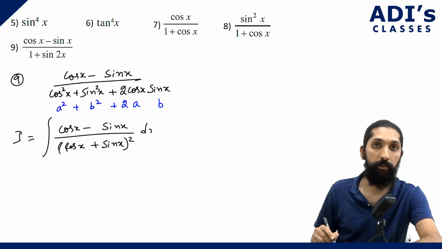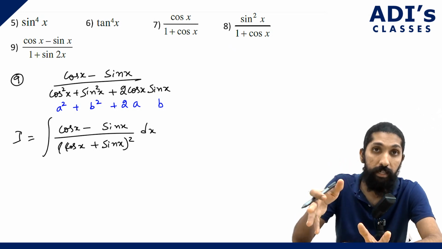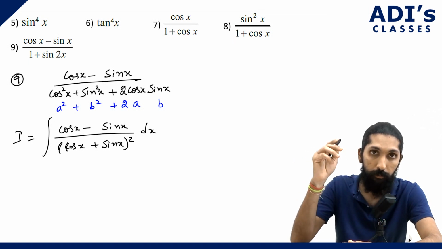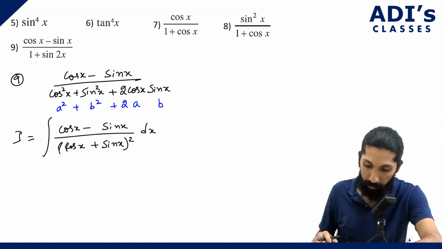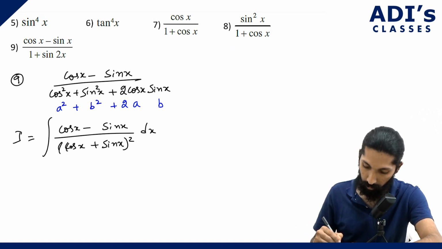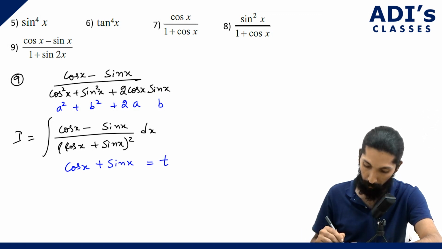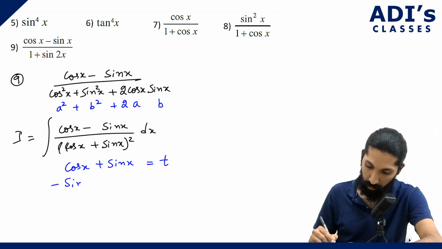Now denominator, you take it as t, like in your substitution. If you take the denominator as t, we will have cos x plus sin x as t. So minus sin x plus cos x dx is equal to dt.